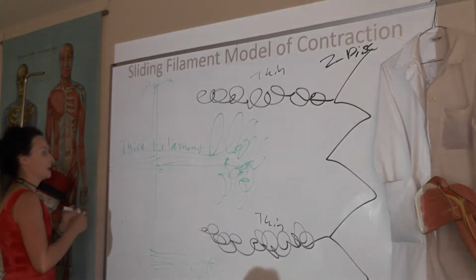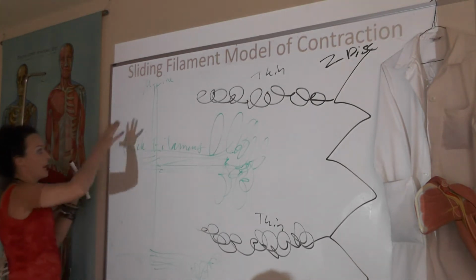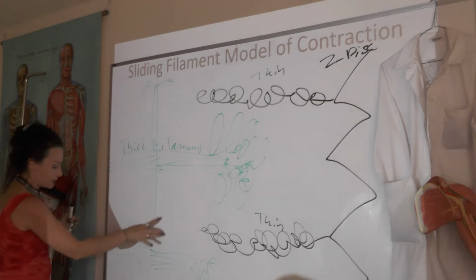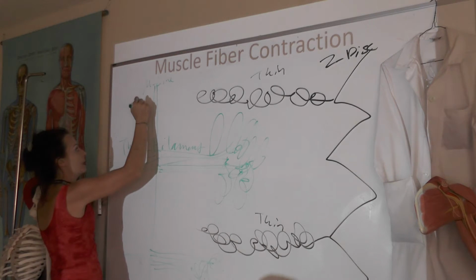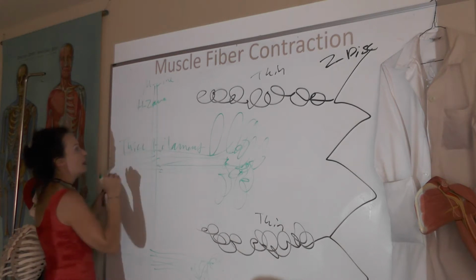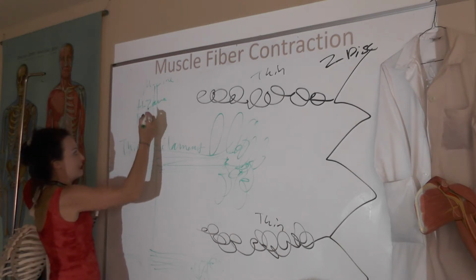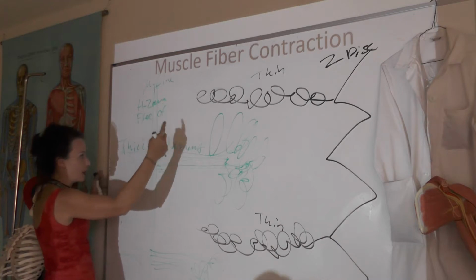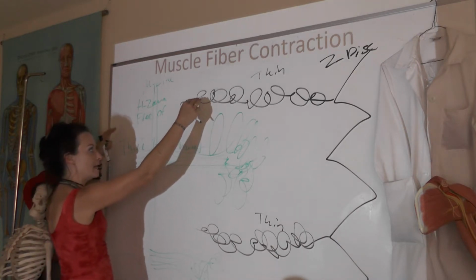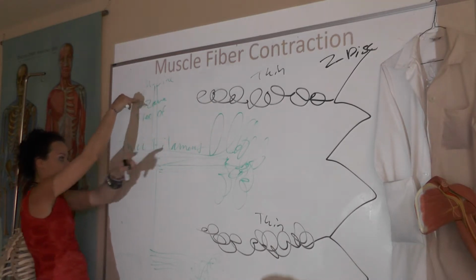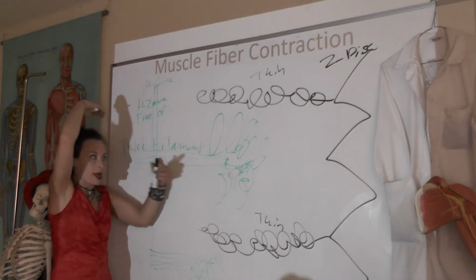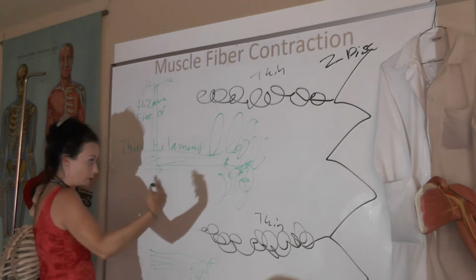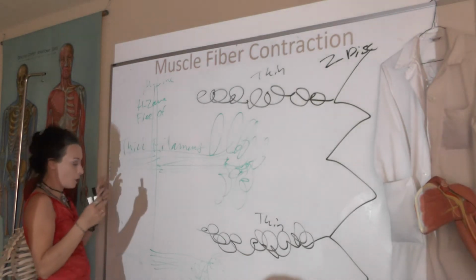And what I have right here is this spot called the H zone, and that is free of actin. So if I see the H zone disappear, I know that I have slid this actin filament completely over this myosin filament, and now I've got a shortened sarcomere and a contracted muscle.